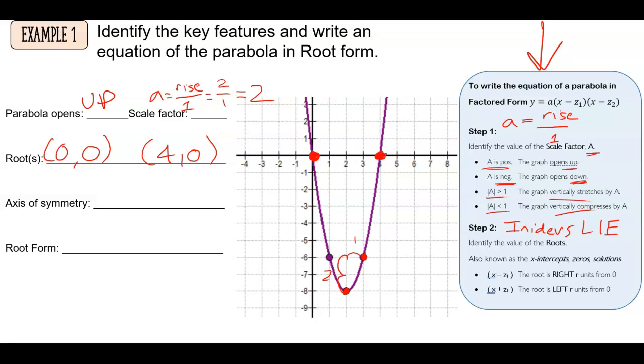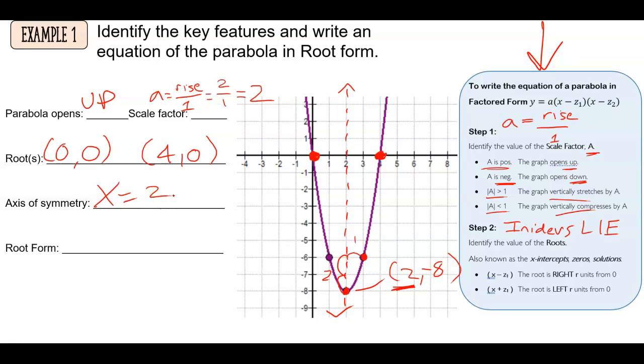Now, axis of symmetry is always x equals, and you can draw that line down the middle. What is the x value of this vertex? By the way, this vertex is 2, negative 8, if you didn't get that. So my axis of symmetry goes through the middle at 2.